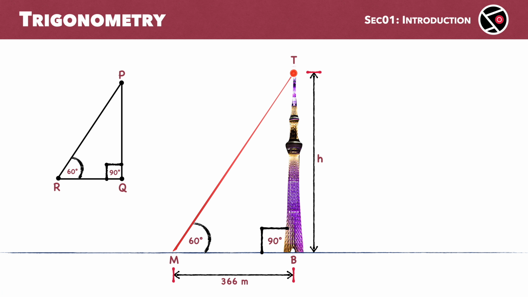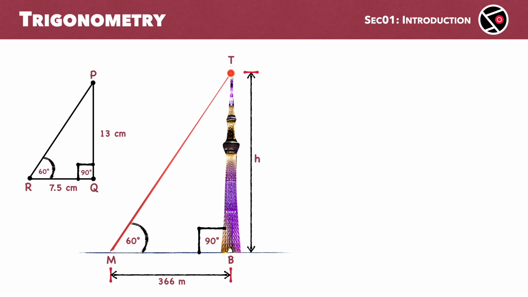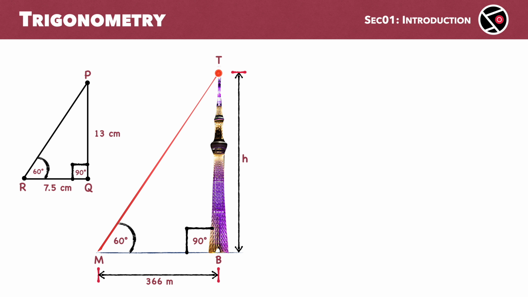For this triangle, PQ comes out to be 13 centimeters and RQ is 7.5 centimeters. These dimensions could be different for your triangle. It's quite easy to see that triangle TBM is similar to triangle PQR. Why? Well, we have two pairs of equal corresponding angles.